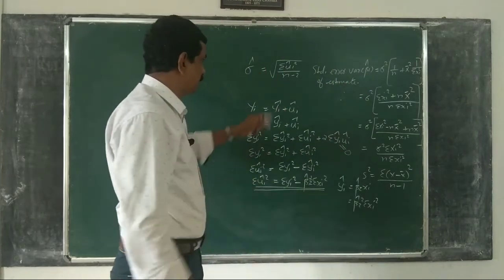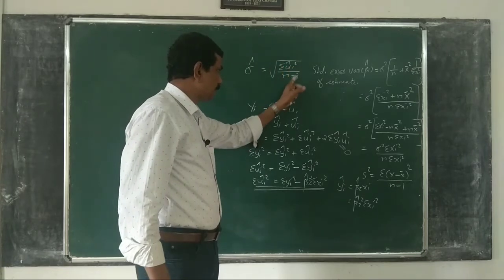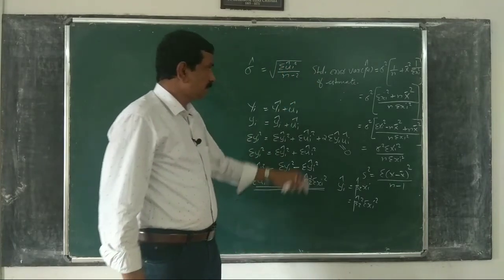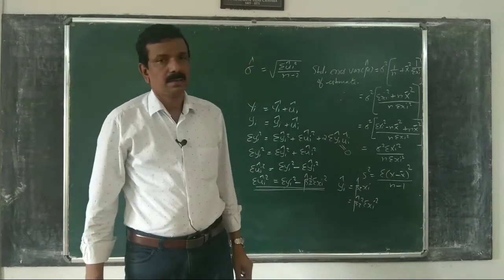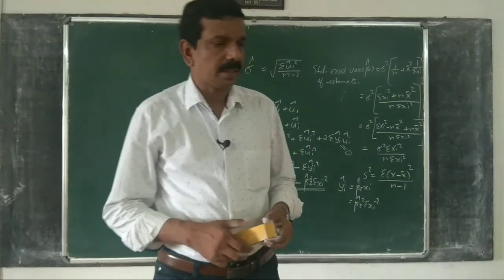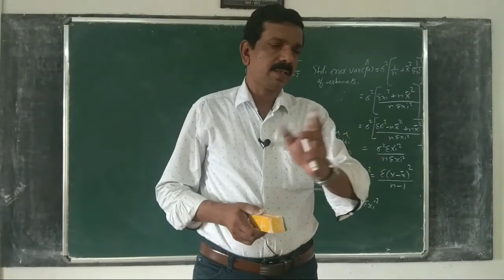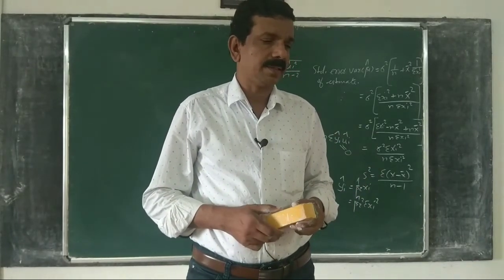Sigma hat equal to root of sigma u hat i square by n minus 2 is known as the standard error of estimate, also known as the standard error of regression.